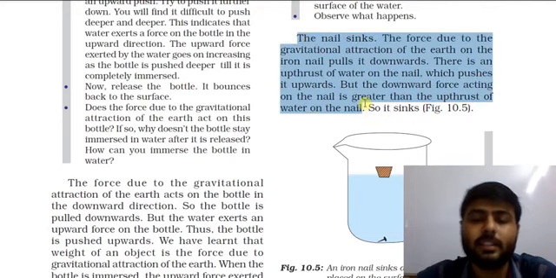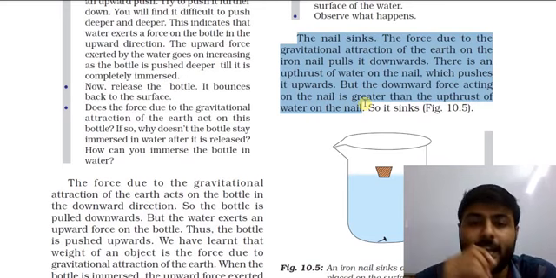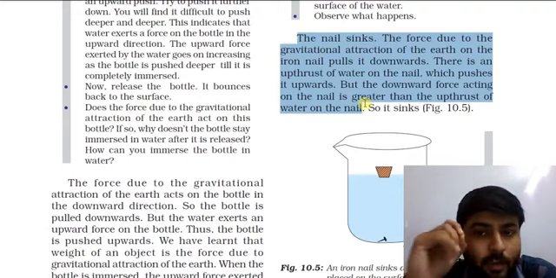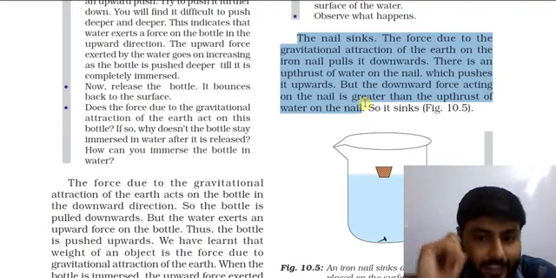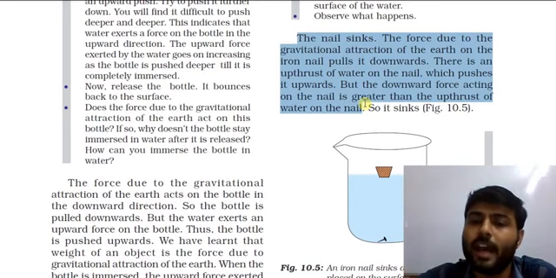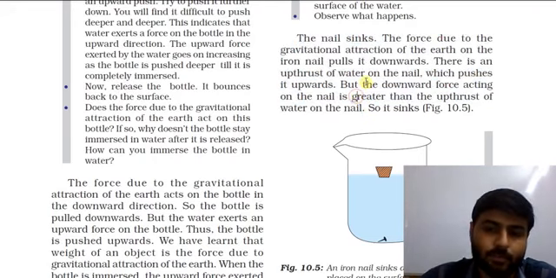We have to mark this. This is the reason why the nail sinks in water: there is an upthrust of water on the nail which pushes it upward, but the downward force acting on the nail is greater than the upthrust. So we have sinking of the nail in water or any fluid.